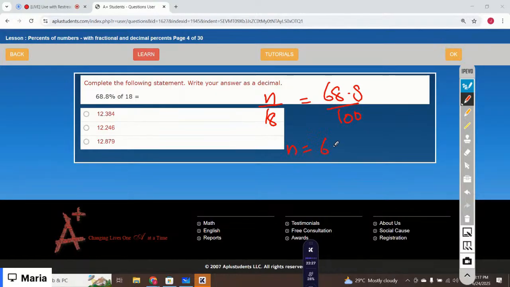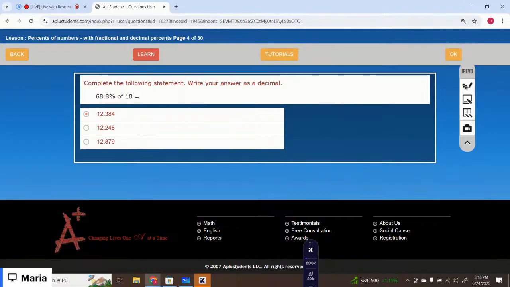So n equals 68.8 times 18 divided by 100. Which is the correct option? 68.8 times 18 is 1,238.4, divided by 100 is 12.4. Option number 1 is the correct option.